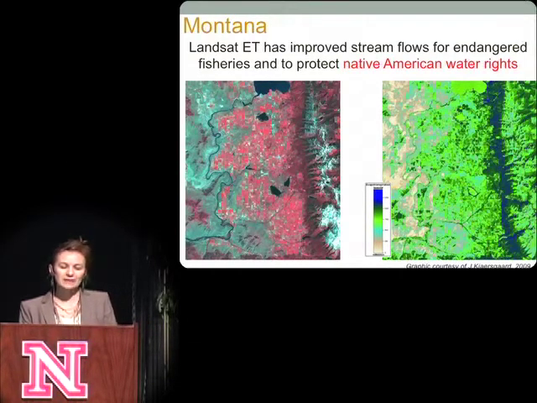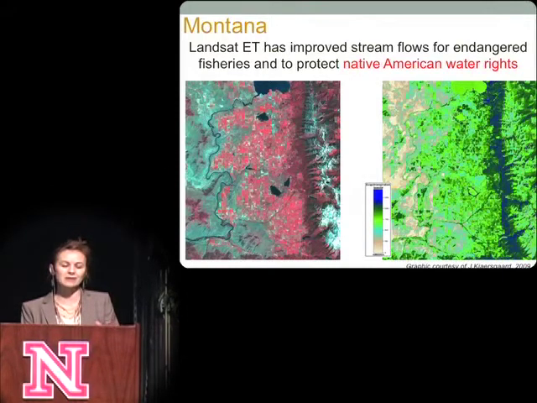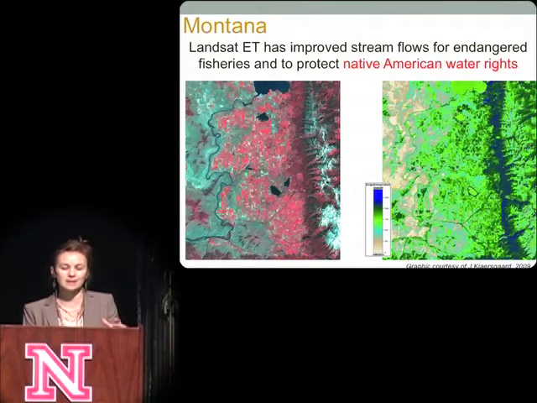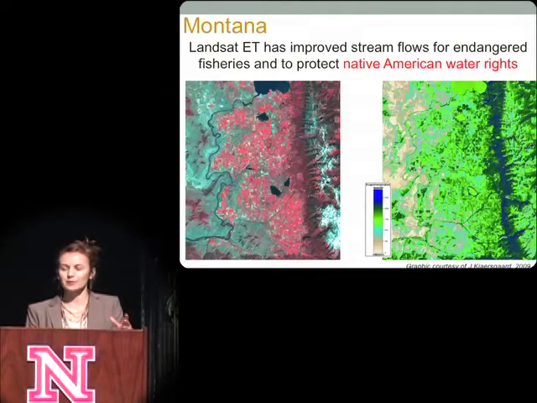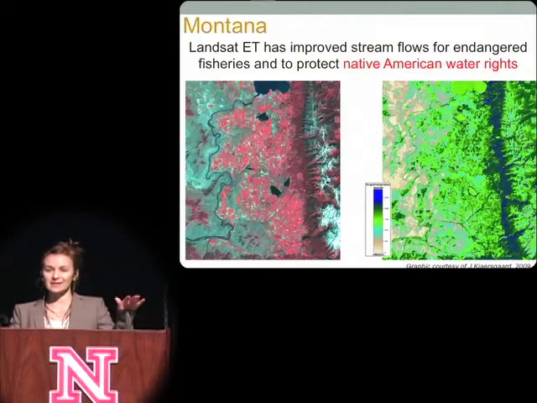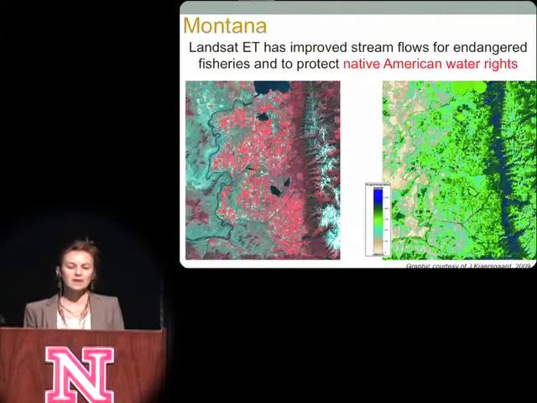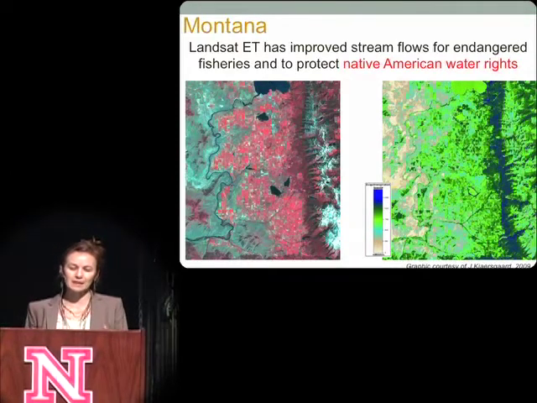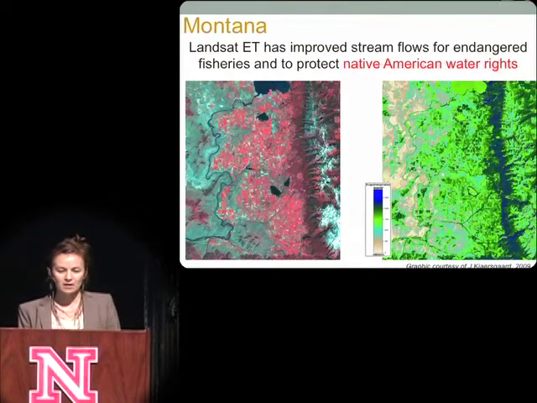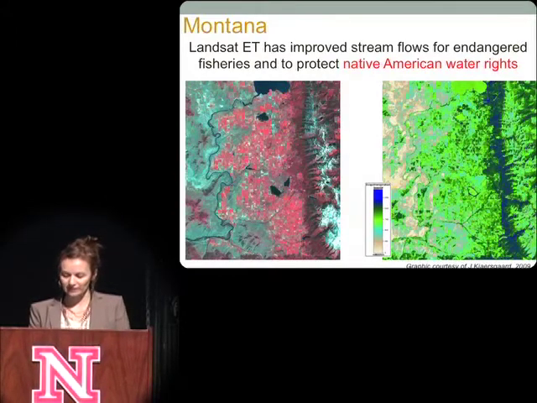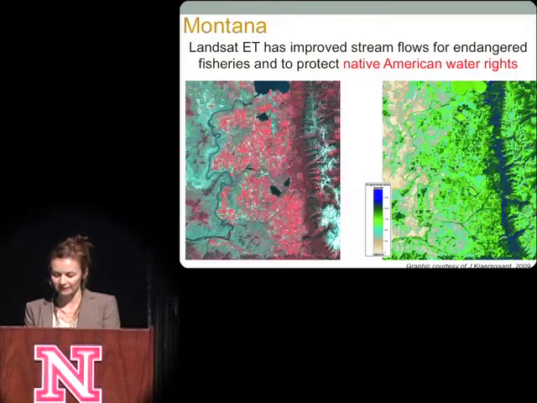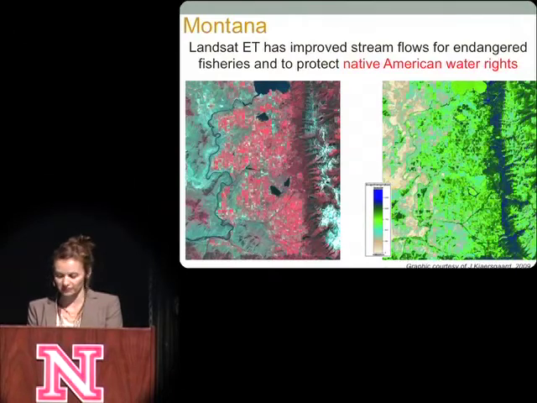And so the ET maps, again, have been used to settle the fight between these fishermen and the Native Americans, so that there's enough water in the stream so that the ecosystem is sustainable and the fisheries are doing well. So this is probably something very interesting to natural resources students here.